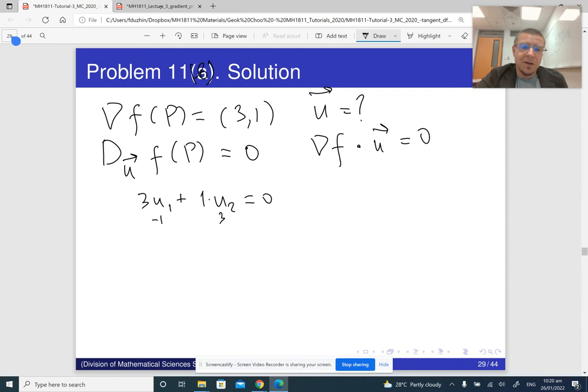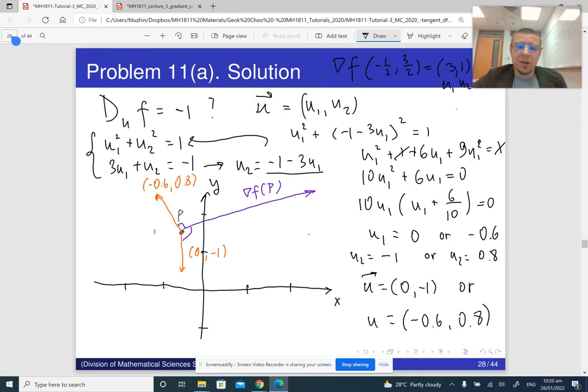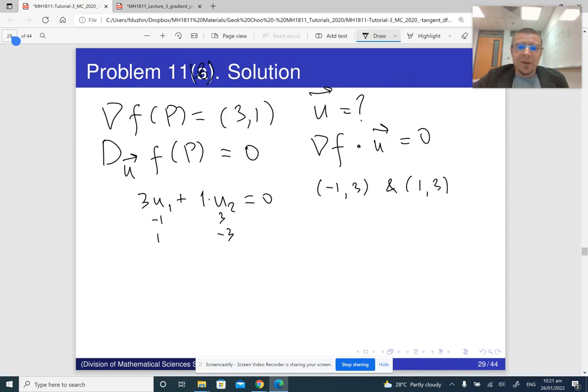Or you can write 1 here and -3 here, and you get 0. So these two candidates, (-1, 3) and (1, -3), are directly opposite each other. One looks in this direction, the other in that direction, which makes perfect sense. So these are going to be our two answers.